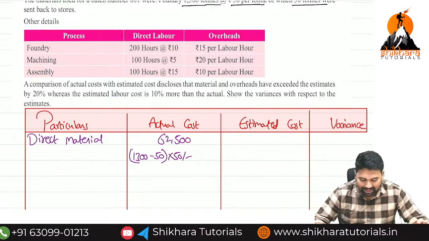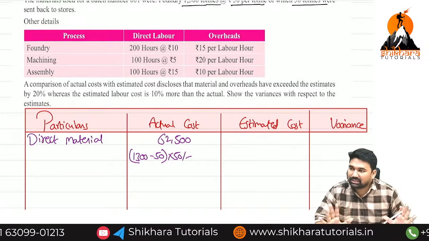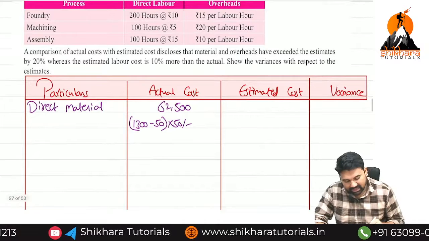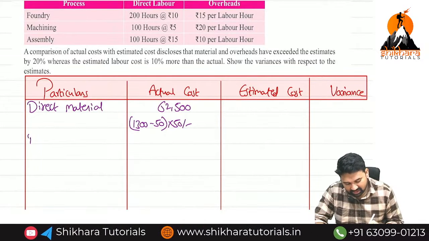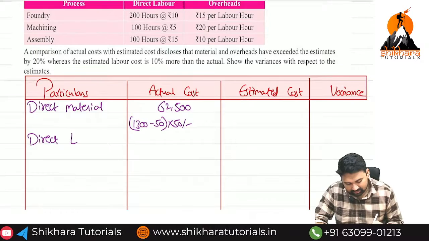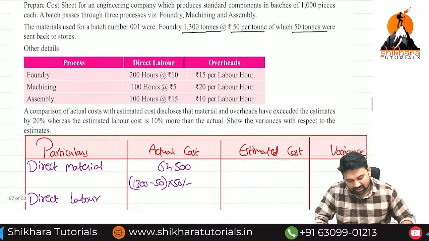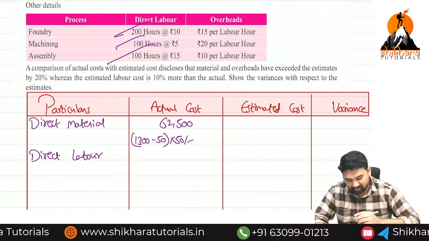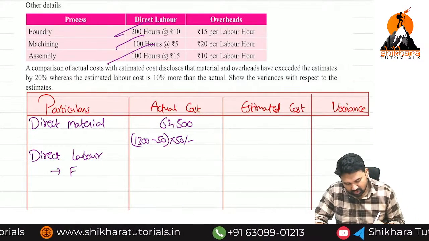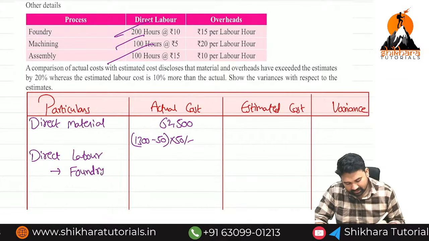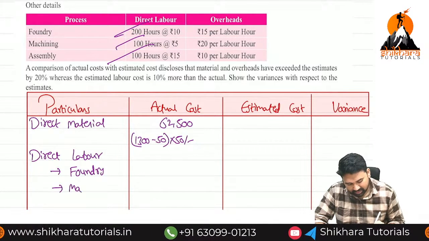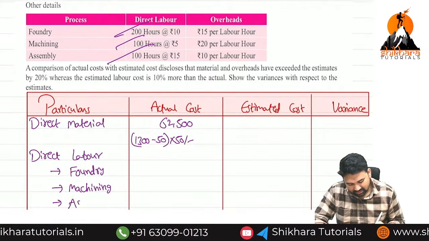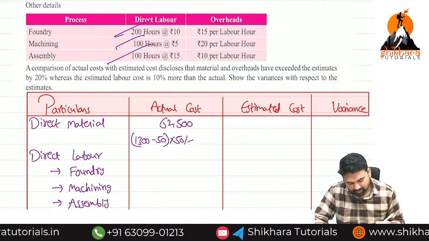First of all, we will calculate actual expenditure. After that, we will calculate the estimate. Next, direct material is done, and after that is direct labor. Direct labor is given in three parts: foundry, machining, and assembly.